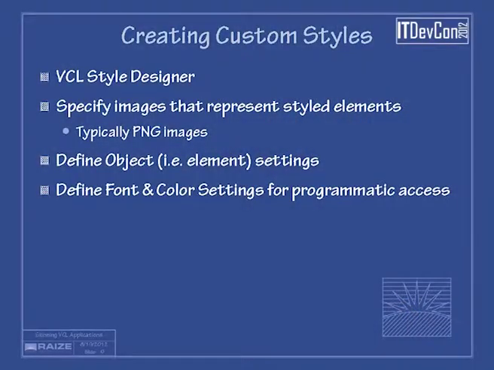You need to define the font and color settings that go along with your custom style imaging, because in addition to just getting the images, and we use the theme engine to do that, and then to display them, controls will query the theme services to figure out what is the appropriate or equivalent color for this particular element.